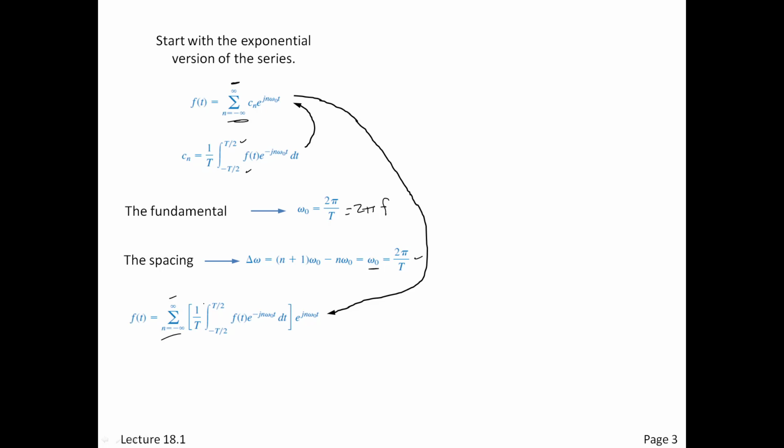Here's our 1 over T, which came from here, so we can safely pull that out. It's now the sum of the integral over individual periods of f of t times e to the, which is part of this.